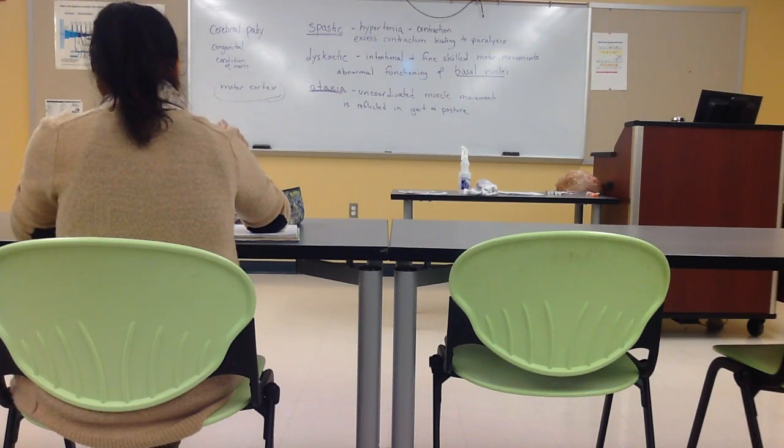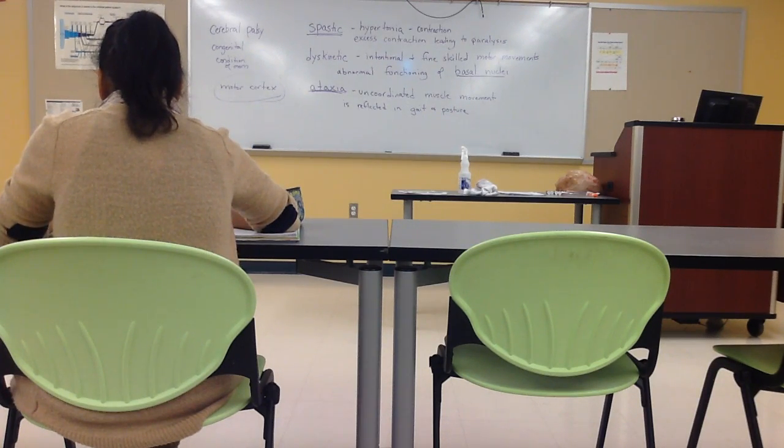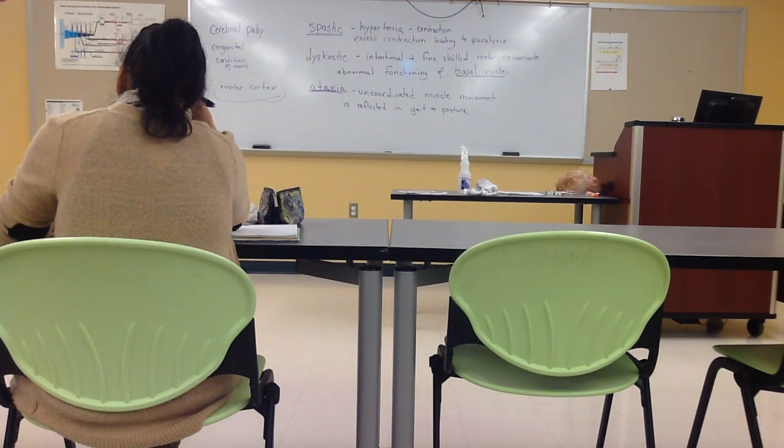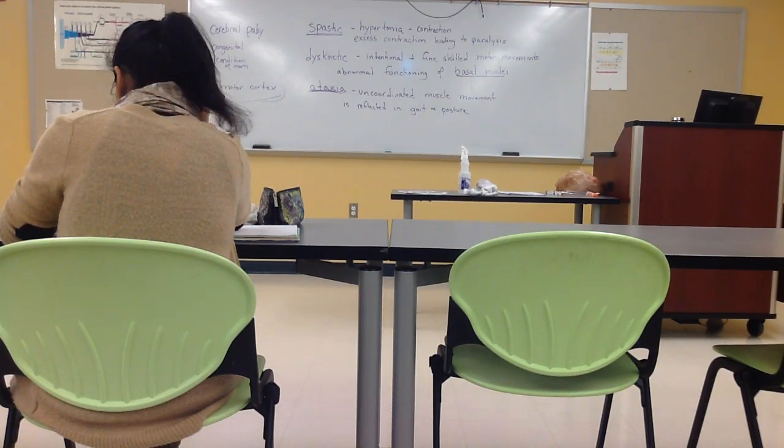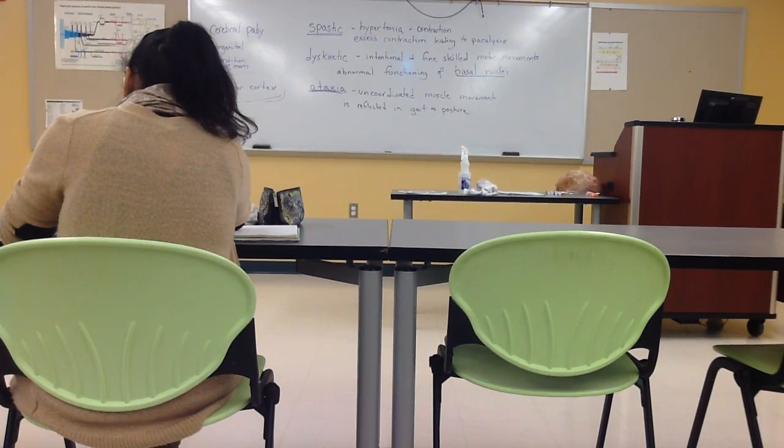But that upper motor neuron is going to talk to a lower motor neuron in that ventral horn, that gray matter of the spinal cord, right? But for people with cerebral palsy, these are damaged and so they can't talk. And that's where you definitely have atrophy and paralysis occurring in that situation, for sure, okay?